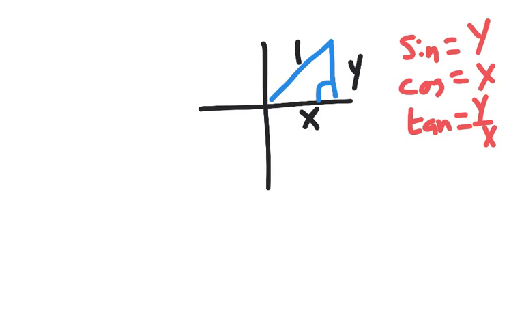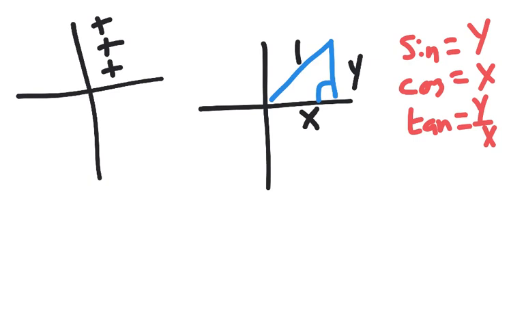So in the first quadrant, sine was positive, cosine was positive, tangent was positive. Now let's go to a different quadrant and think about what would happen there. What if I went in the second quadrant? What's my x value? Negative. What's my y value? Positive. And what is my hypotenuse? Positive. It's always positive 1. So in the second quadrant, from my central angle theta, sine of this angle would be y over 1, which would be positive.